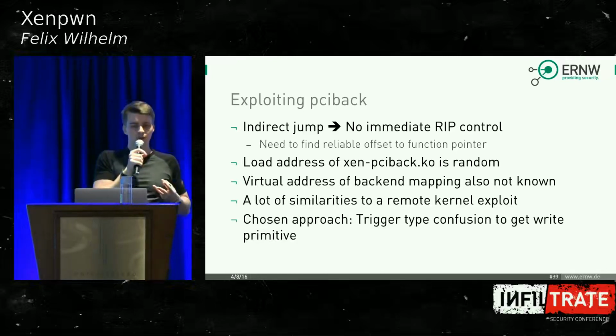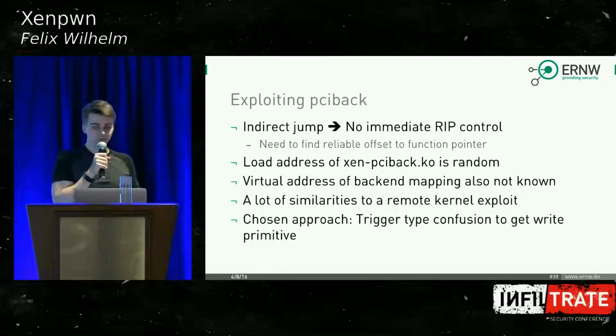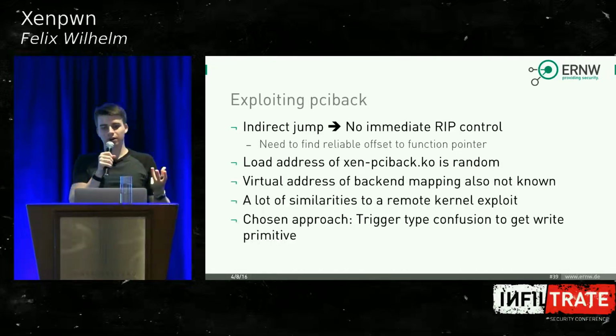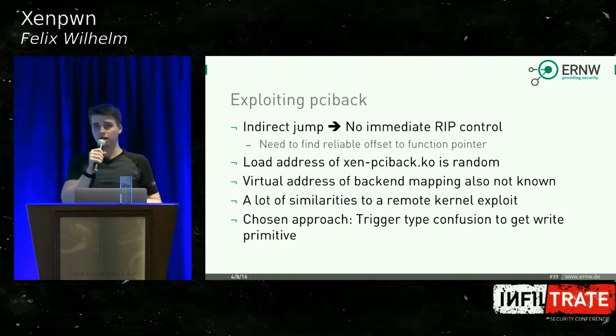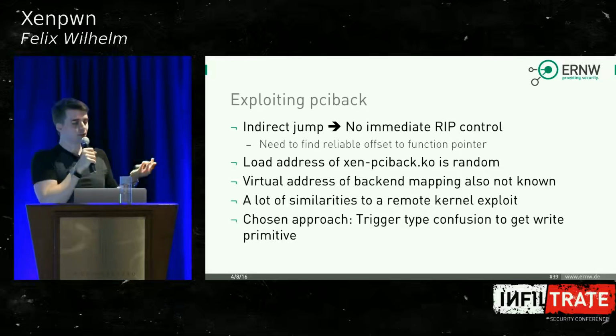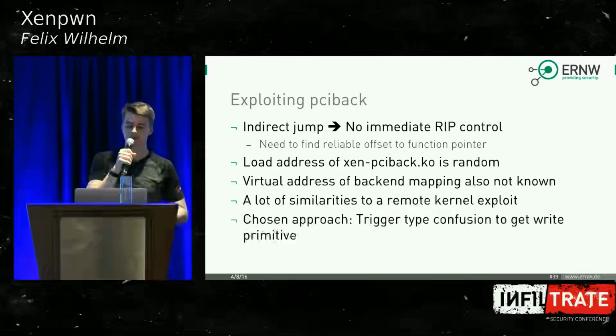So we can't be really sure about its address, even if we know the base address of the kernel. The virtual address of the backend mapping is also not known because this is a randomly allocated memory location. So it's very similar to a remote kernel exploit in terms of the conditions you have to exploit this.